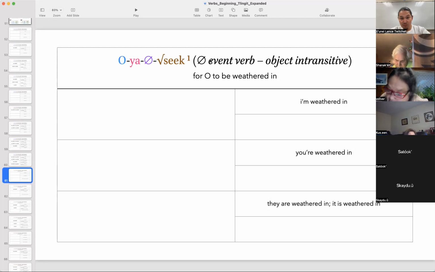Event, so it'll be perfective. So you're going to get the you right here in between ya and the classifier. Because it's going to be perfective, you're going to end up with ya, you, ya. All of these will have ya, you, ya in there. And then, what's this going to be?